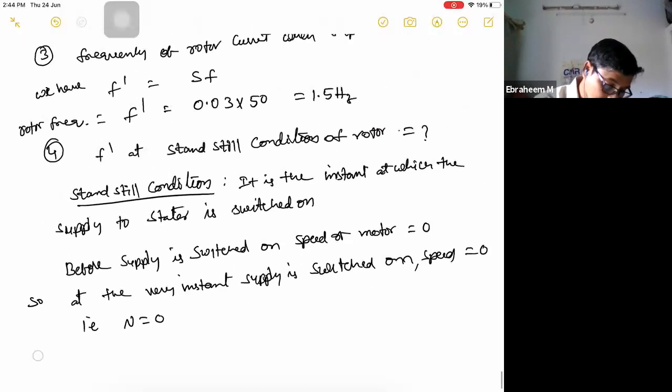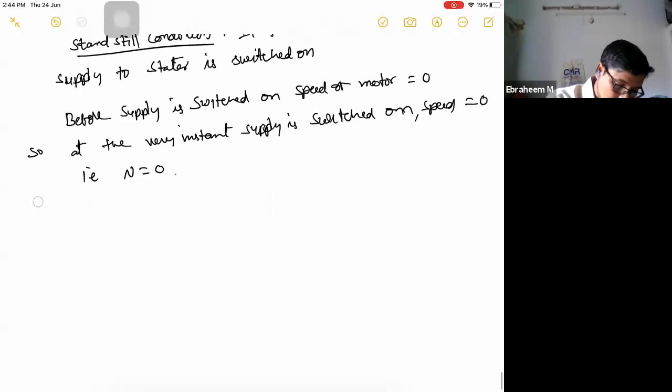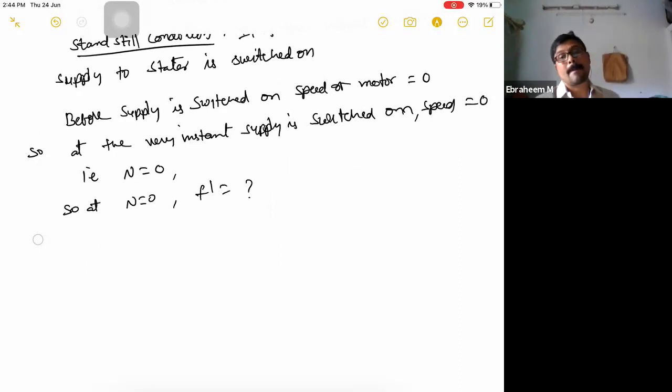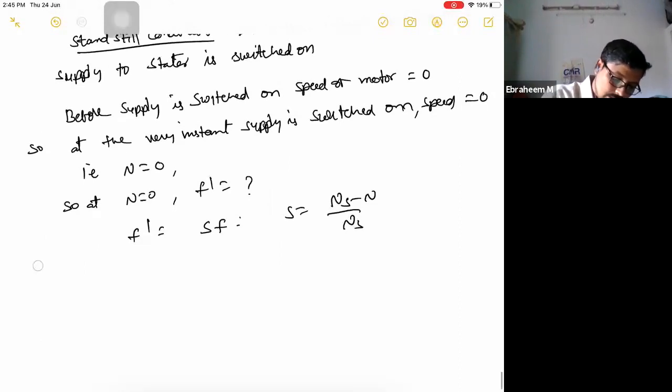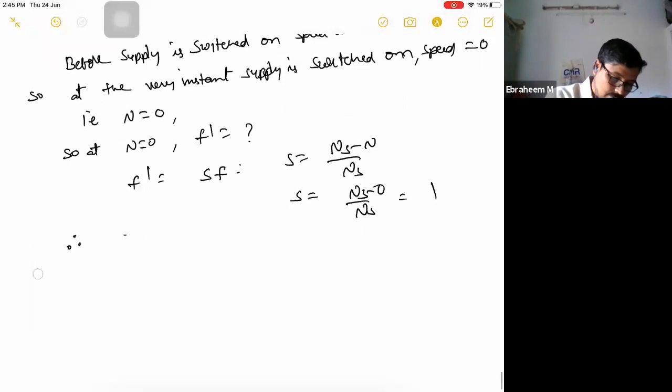So the question is f dash at standstill condition. At n is equal to 0, f dash is how much? f dash is equal to s into f, but s is equal to (ns minus n) by ns. So s is equal to (ns minus 0) by ns, that is 1. Therefore f dash is equal to 1 into f, that is f.